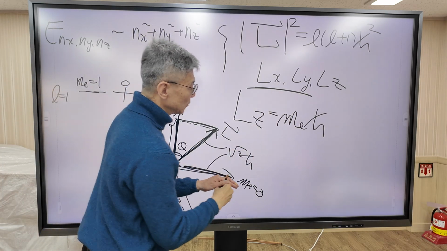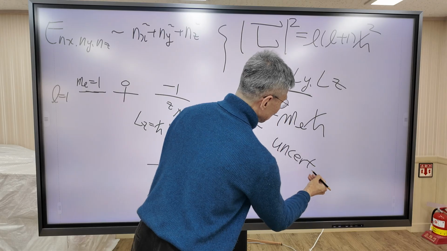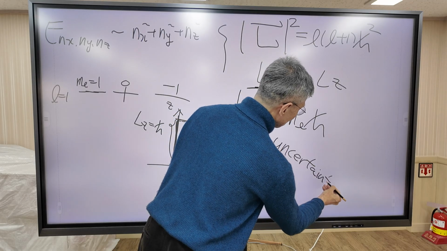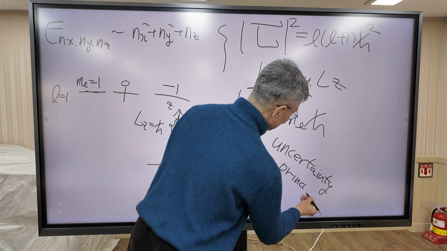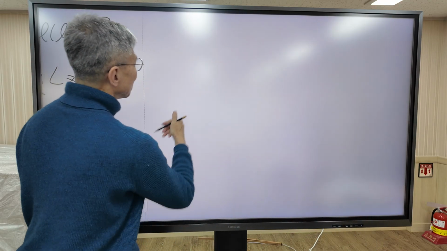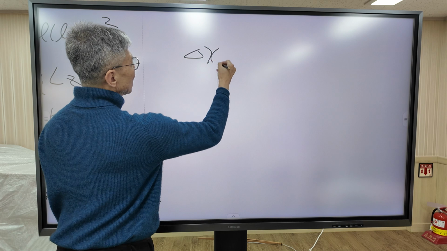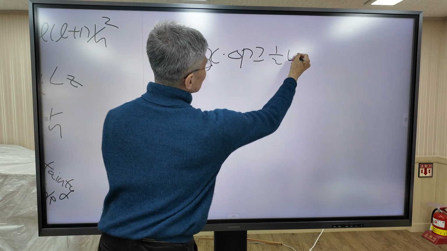This is related to the uncertainty principle. According to the uncertainty principle, for example, delta x times delta p is larger than h bar over 2.